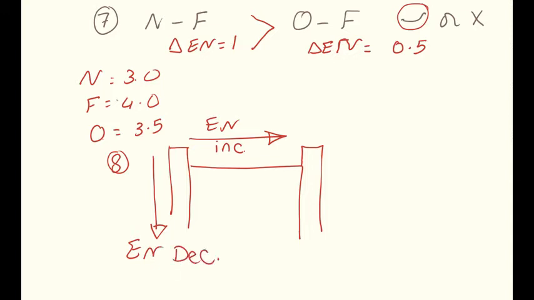This means that the highest one will be at the top right. So the element located here is the most electronegative element. This element is F, fluorine.